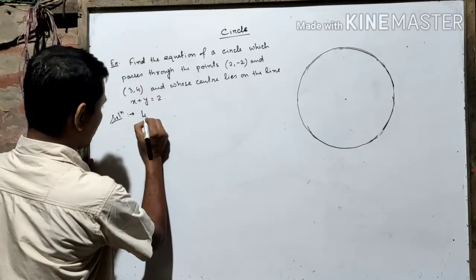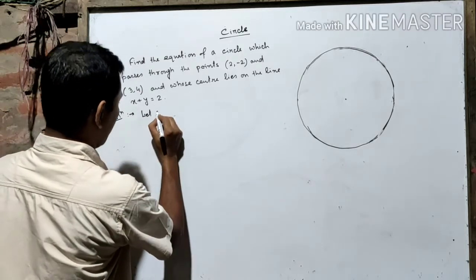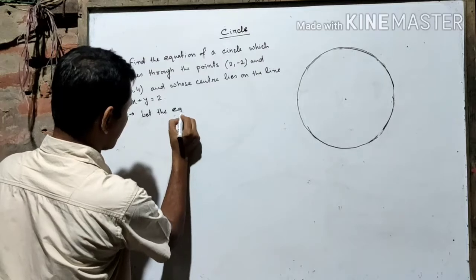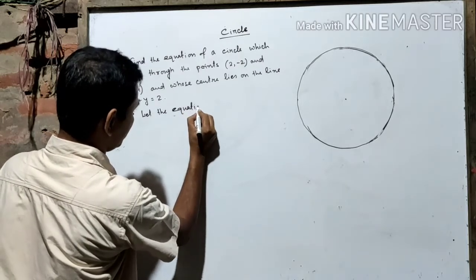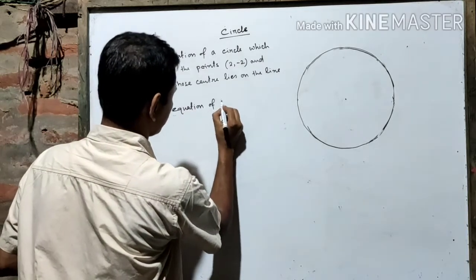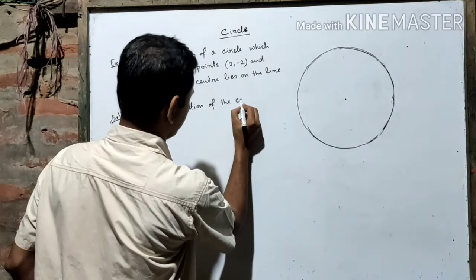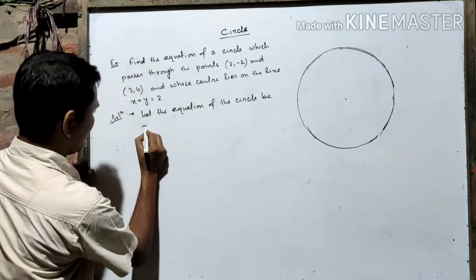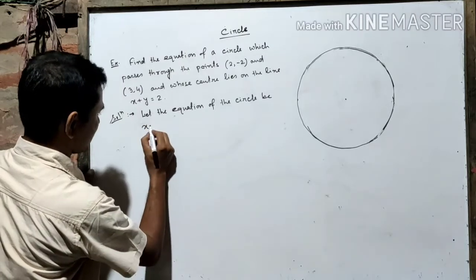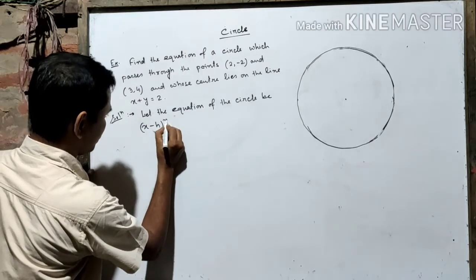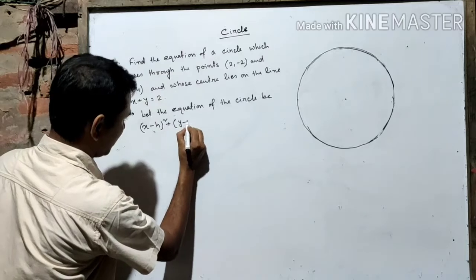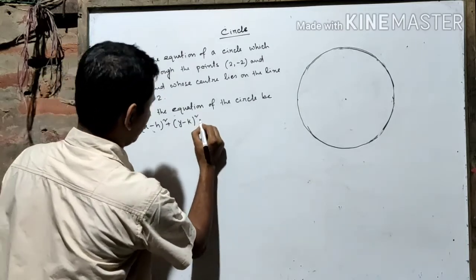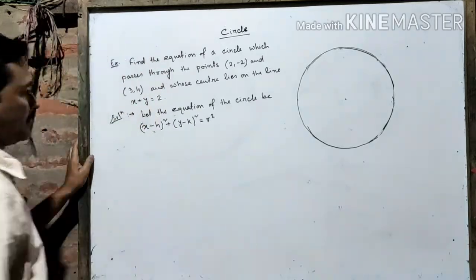Let the equation of the circle be (x − h)² + (y − k)² = r².